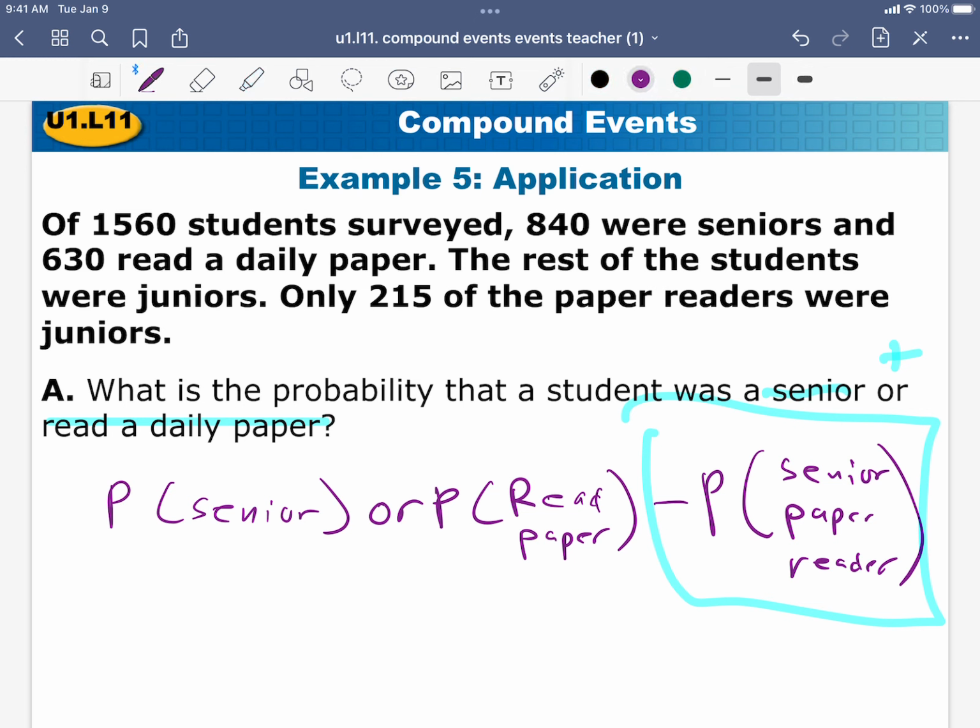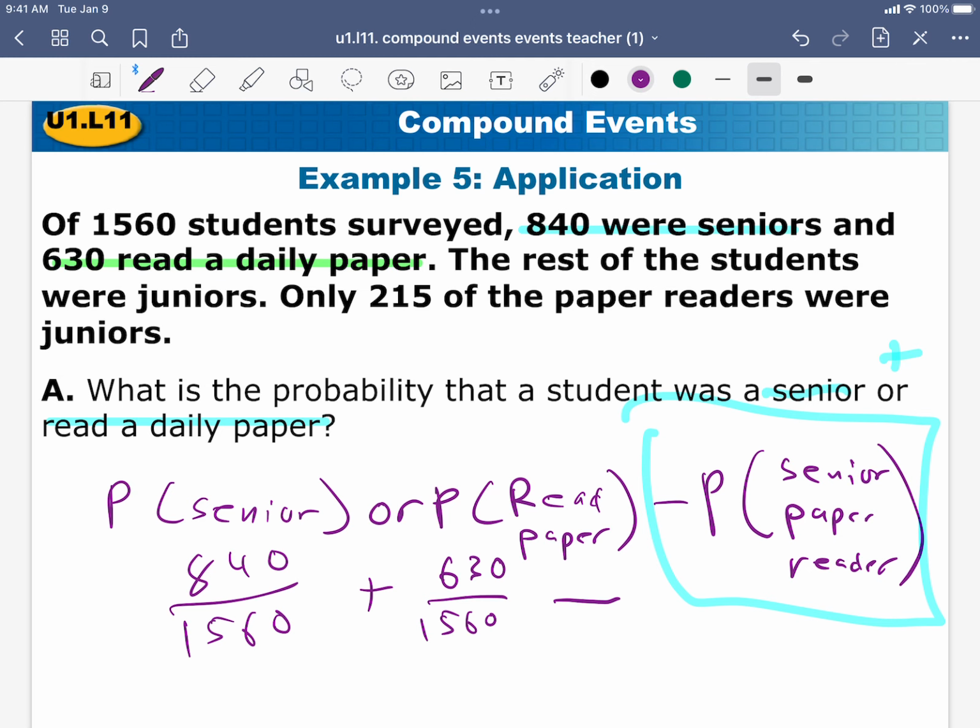So we can start off by saying 840 out of the 1,560 seniors, and then it says or they read a paper. So 840 seniors, 630 read a paper. So there's our second probability. 630 out of the 1,560 read a paper, and then we have to subtract the doubles, and we can find the doubles from setting up a Venn diagram.